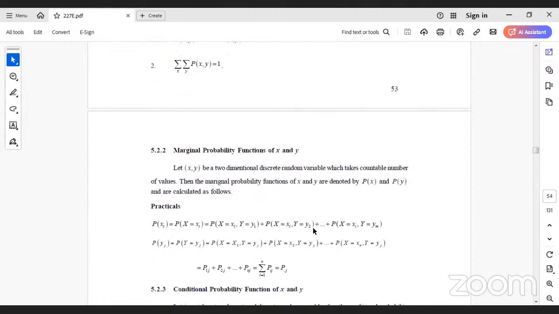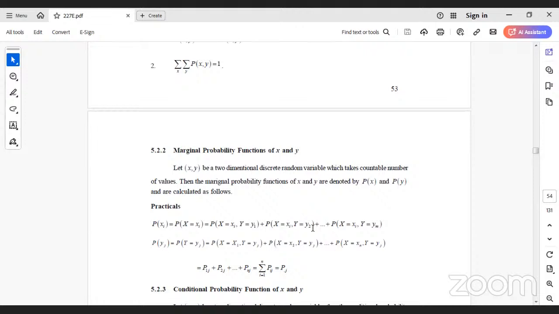Now the marginal probability function of X and Y. Let (X,Y) be a two-dimensional discrete random variable which takes a countable number of values. Then the marginal probability functions of X and Y are denoted by p(x) and p(y) and are calculated as follows.